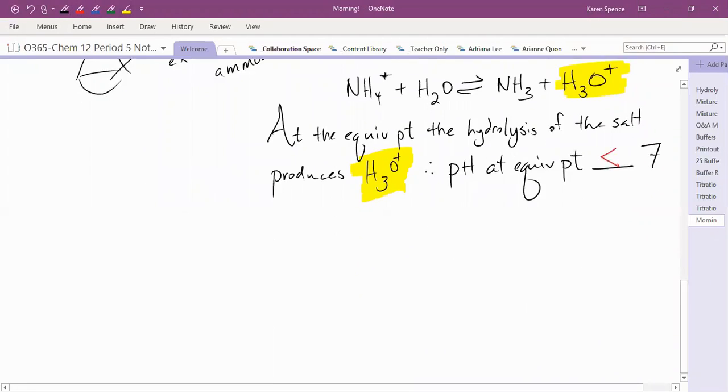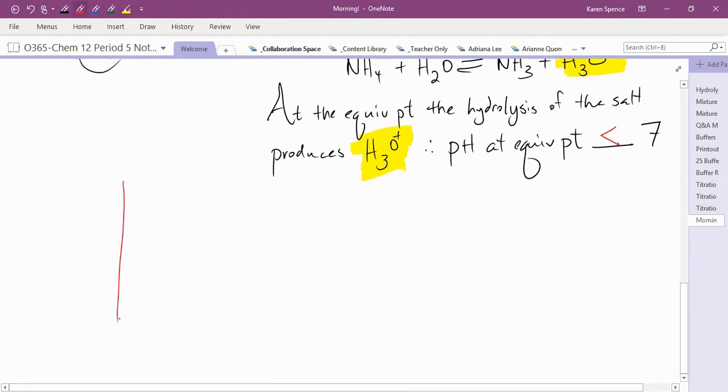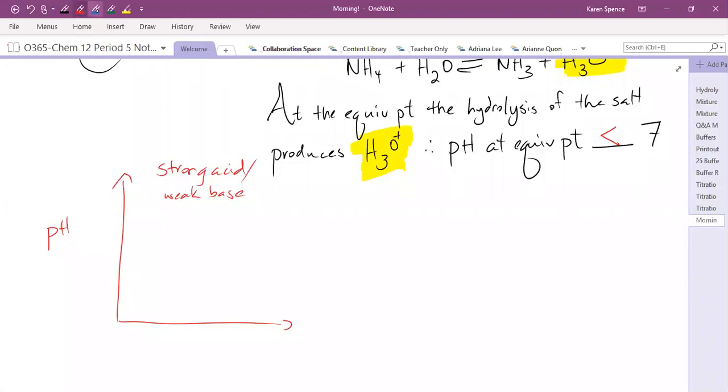So for our strong acid, weak base, when we have our pH here, we have to remember in the flask is our base.